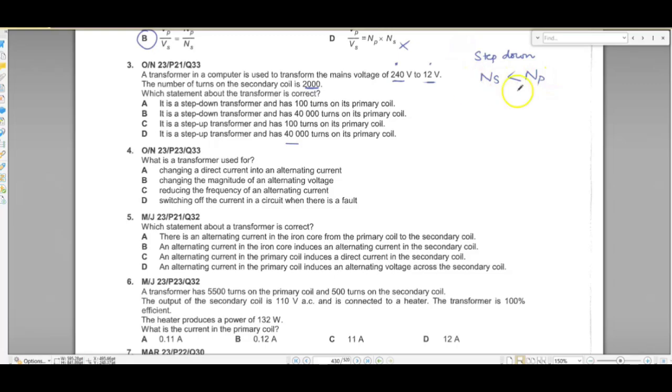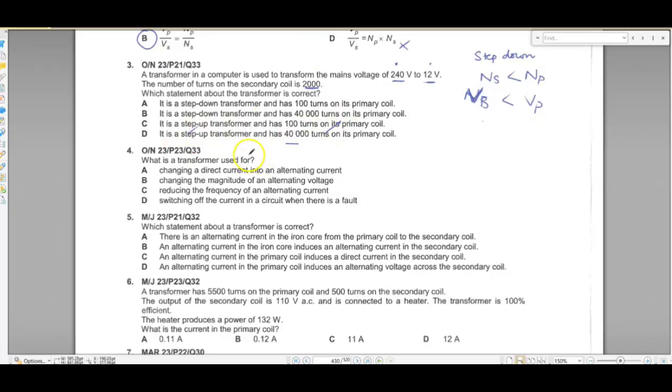We know that it's a step down transformer because Vp is more than Vs. So we know that these two options have to be removed.